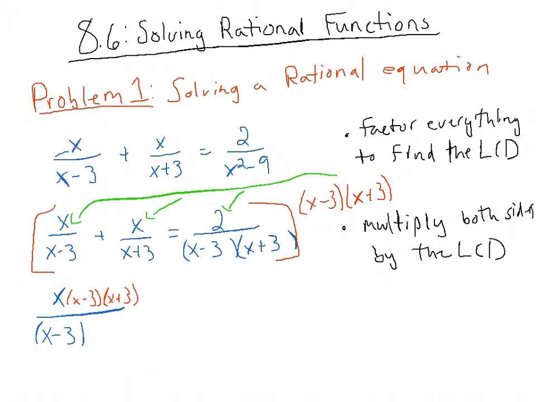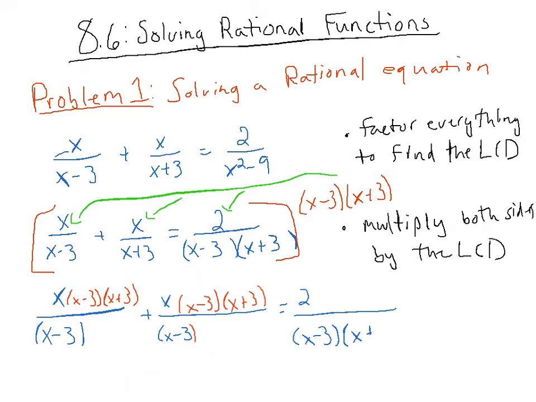Plus x over x plus 3 times the x minus 3, x plus 3 is equal to 2 over x minus 3, x plus 3, and still times the x minus 3, x plus 3.